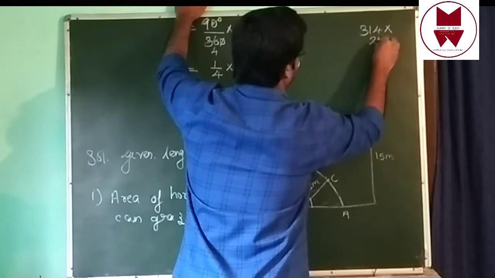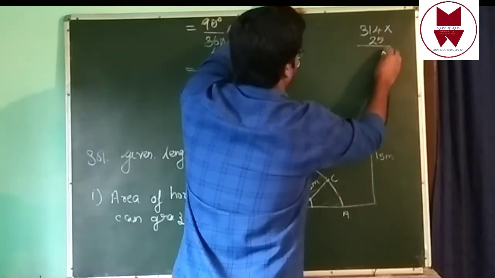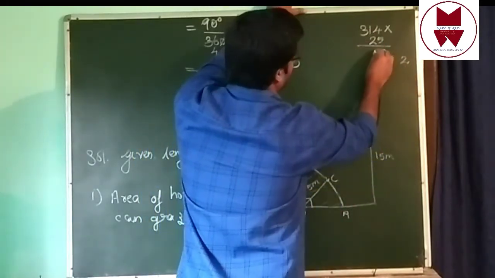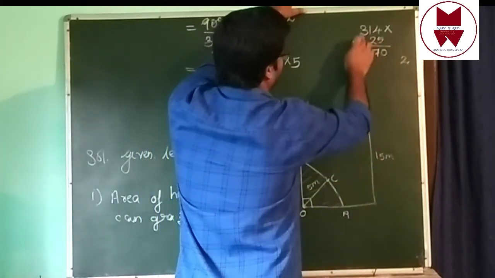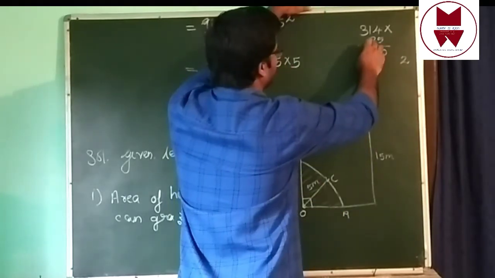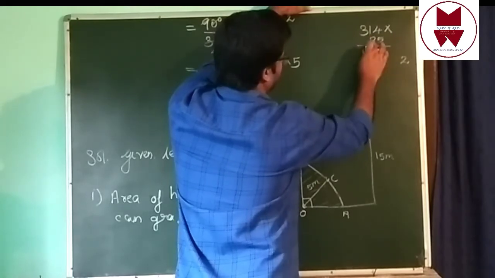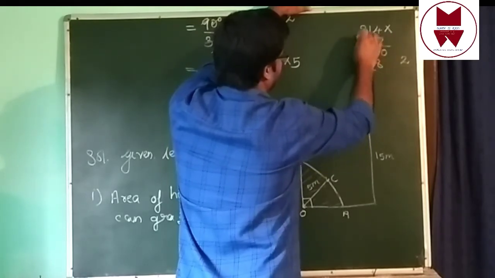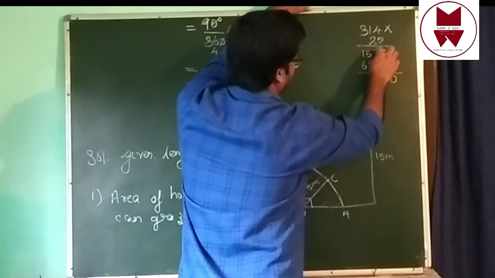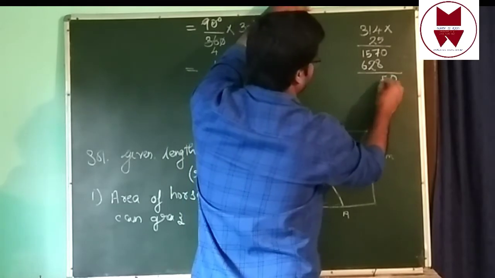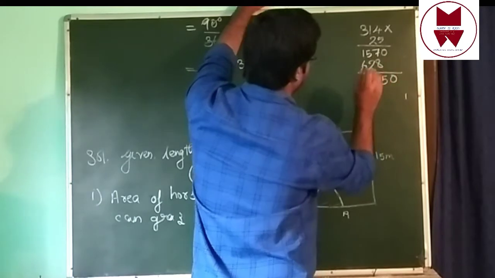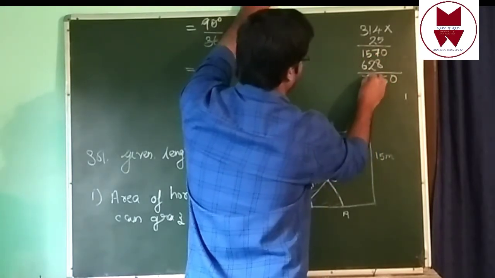Directly we can write into 25. 5 into 4, 20, remainder 2. 5 into 1, 5 plus 2, 7. Then 5 into 3, 15. Then using 2, 2 into 4, 8, 2 into 1, 2, 2 into 3, 6. 0, then 7 plus 8, 15, remainder 1, then 7 plus 1, 8, then 1 plus 6, 7.